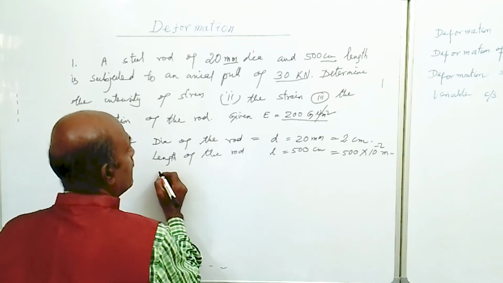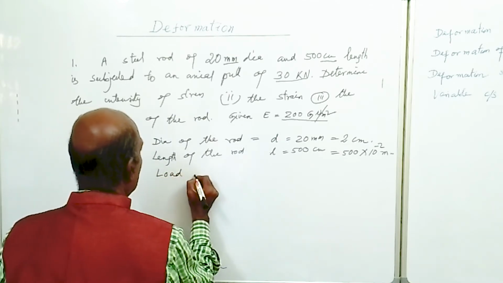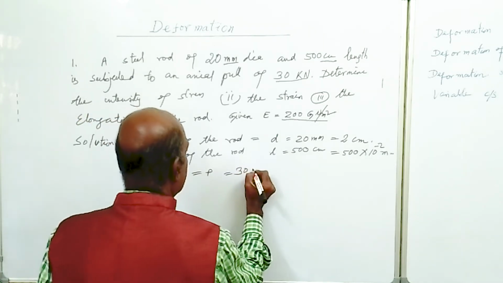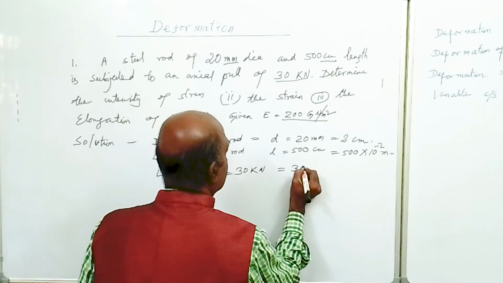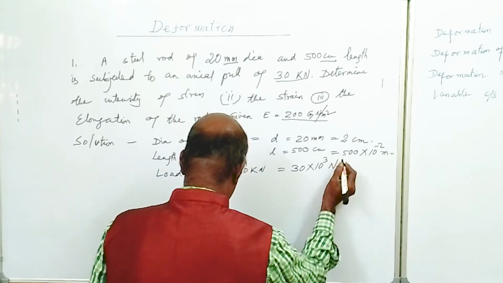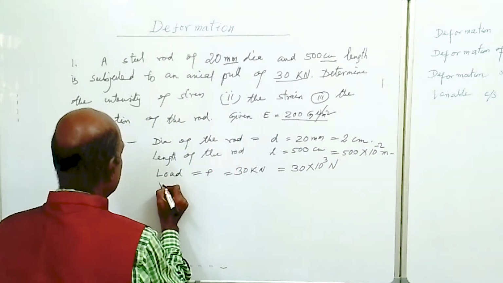Load is given, that is load P is equal to 30 kilonewton, which is equal to 30 into 10 to the power 3 Newton.